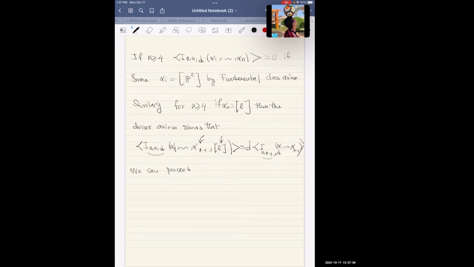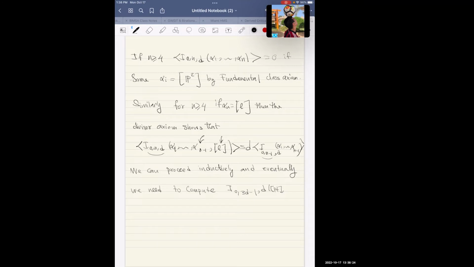So we can proceed inductively, and eventually we need to compute I 0, 3d minus 1, d of a bunch of point classes.